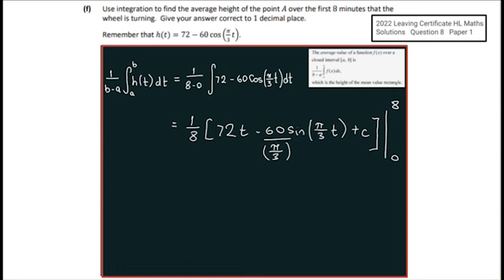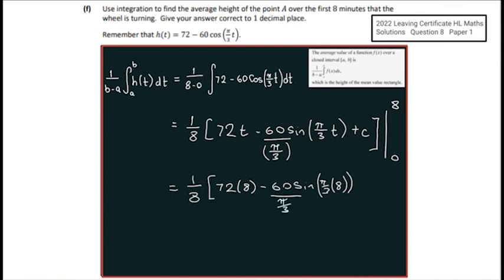Now we need to evaluate the value of the height. So we will retain the 1 over 8 outside. Let's work out in the center and substitute the 8 and the 0 in. So we'll get 72 by 8 minus 60 sine of pi over 3 multiplied by 8, all over pi over 3.